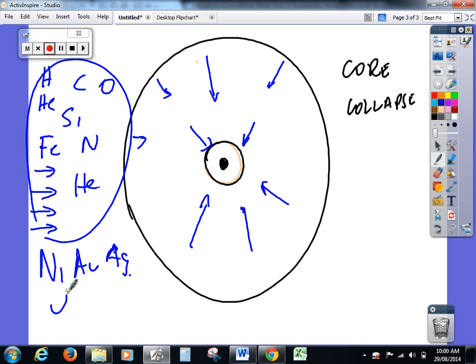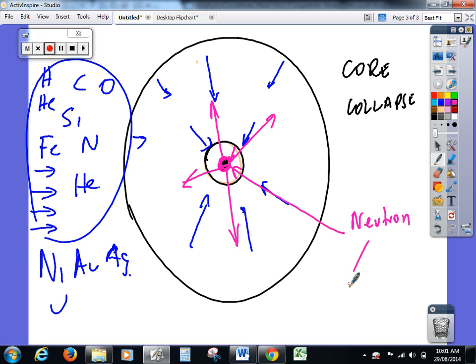Like a clap, the whole core collapses in and then rebounds out in all directions, blowing itself apart, creating a really, really dense bit right in the middle, and that little dense bit right in the middle could be a neutron star or a black hole. As this core rebounds out, it blows the star apart.